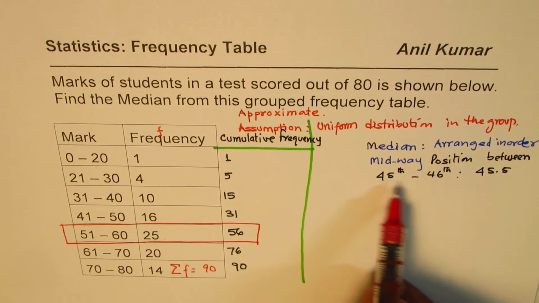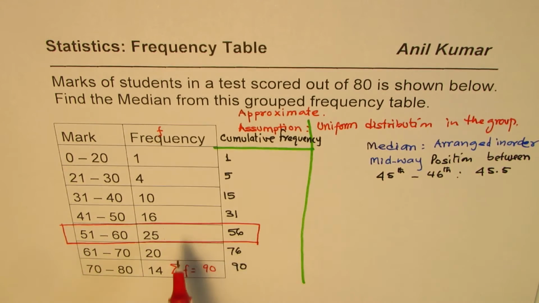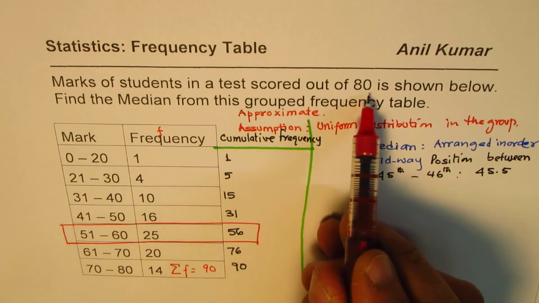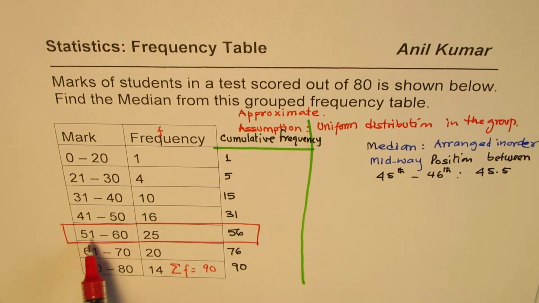This 45th and 46th element is in the interval 51 to 60. So the median mark for a student out of 80 is between 51 and 60. So we have come to that, which is kind of an approximation.